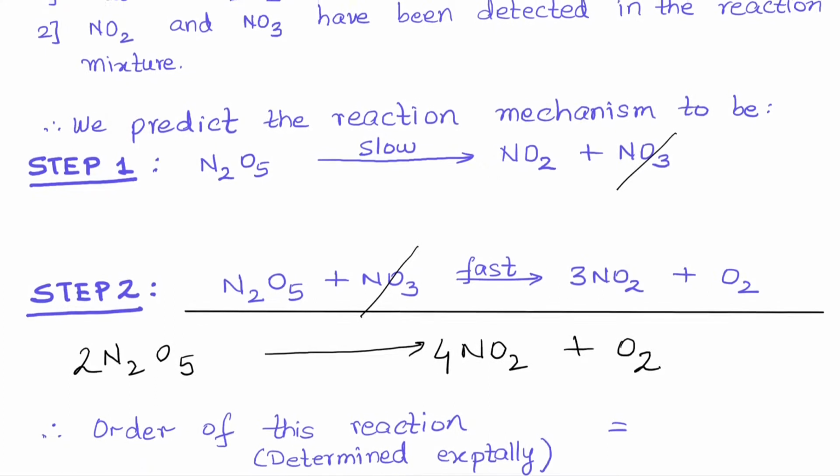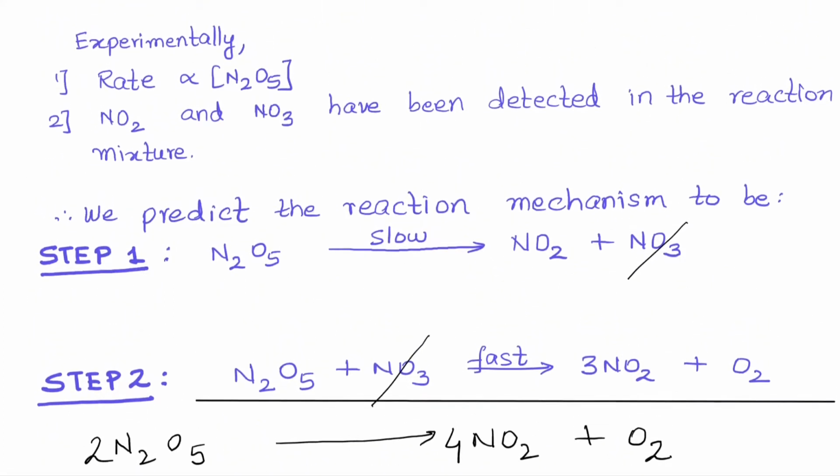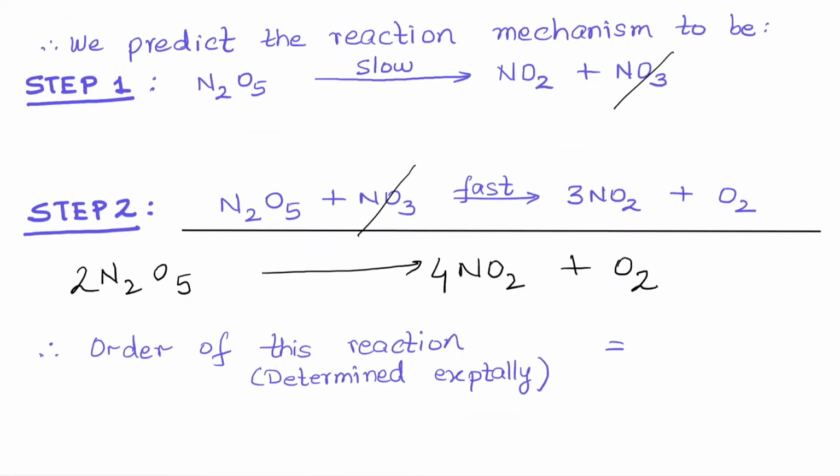Okay, now, as I said earlier, in this particular reaction, we have observed experimentally that the rate is directly proportional to the concentration of N2O5 at any point of time. So, what does it tell you about the order of this reaction? What will be the order of this reaction? Yes, absolutely, it is 1.